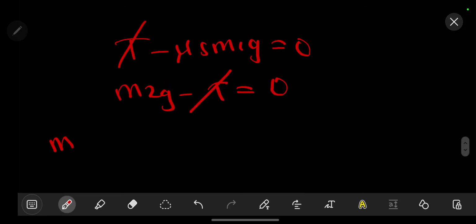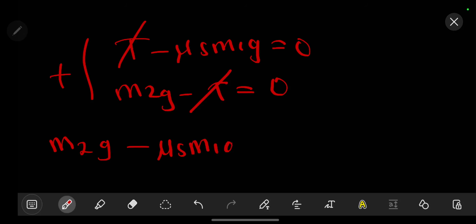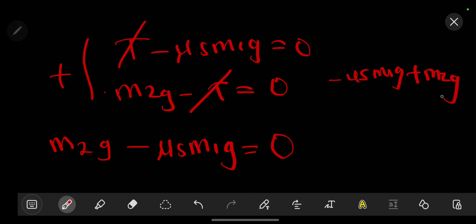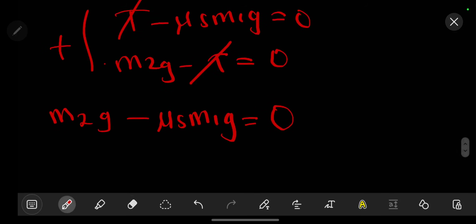Then we have our m2g, then we are just adding them up, and this one is minus mu s m1g, should be equal to 0. Just begin with a positive. If you want, you could begin with a negative, negative mu s m1g plus m2g, but it's still the same because addition is commutative.